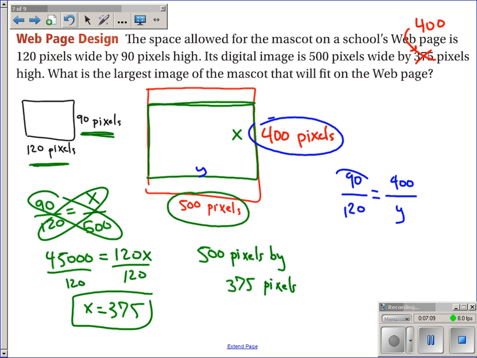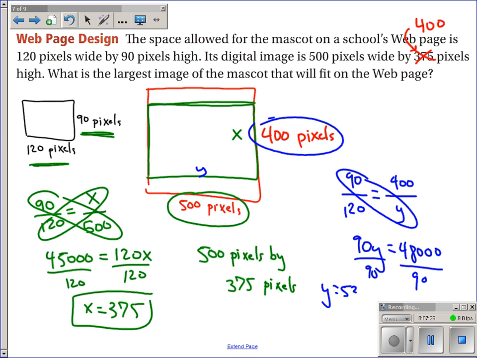If I solve this, 90y is equal to a very large number, 48,000, divided by 90, and y is equal to 533.3 repeating. Now hopefully you see that this is larger than this, and therefore it'd be too big. It would be too wide for the space we have for our mascot picture.